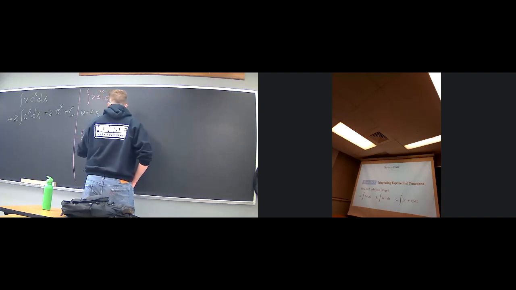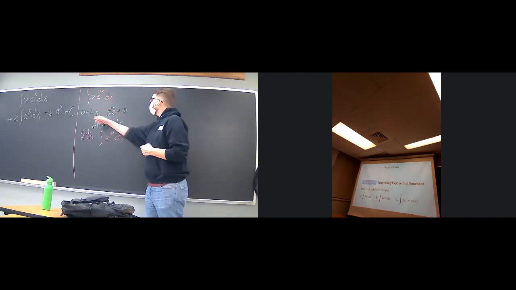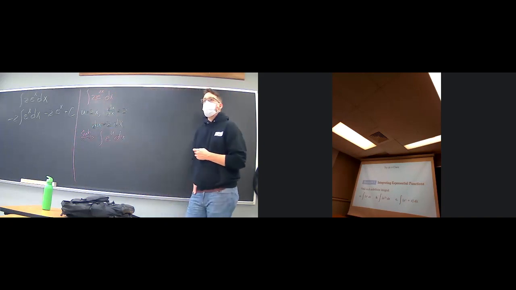So that means with u sub, we can rewrite all of this as e to the u du. Because we've got the 2, we've got the dx, and we're rewriting 2x as u. Well, this is just going to come out to be e to the u plus a constant. Substituting what u is back in, we're going to get e to the 2x plus a constant.